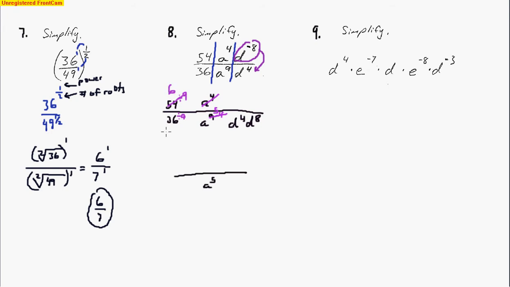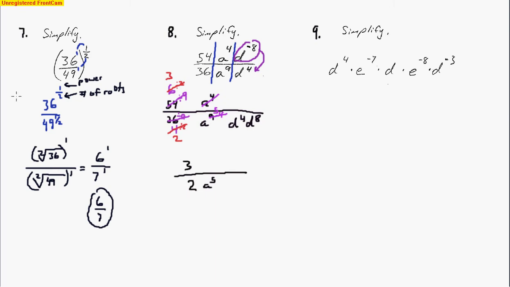So I know 6 goes on top, and then 9 into 36 goes 4 times. So yes, I could have picked a bigger number. I didn't see the bigger number, but I see that we can reduce further. So I see that 2 goes into these numbers. So I'm going to divide them both by 2, and that's going to give me 3 on top and 2 on the bottom, and that's as far down as we can get it. So let's go ahead and put 3 on top of the fraction, 2 on the bottom of the fraction.